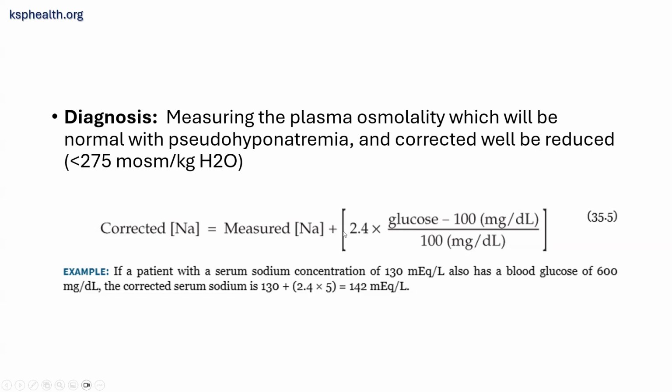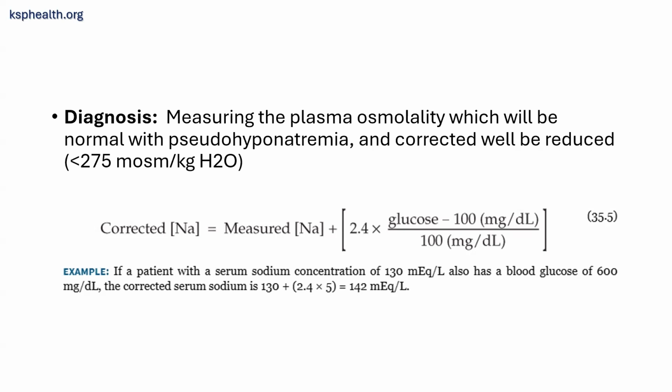If the serum sodium concentration measured was 130 and the blood glucose level is 600, the corrected serum sodium should be 130 plus 2.4 times 5, which gives 142 milliequivalents. Even though it is theory, one should recognize whether it is pseudo-hyponatremia or real hyponatremia.